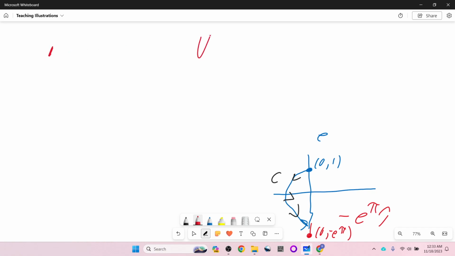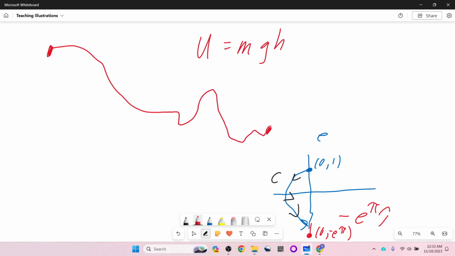There's a potential energy formula, U is mgh. And the idea being that you've got some complicated path. You could work out all the details of the path, and it would be a lot of work. Or you could just say, here is H max, and here is H min.